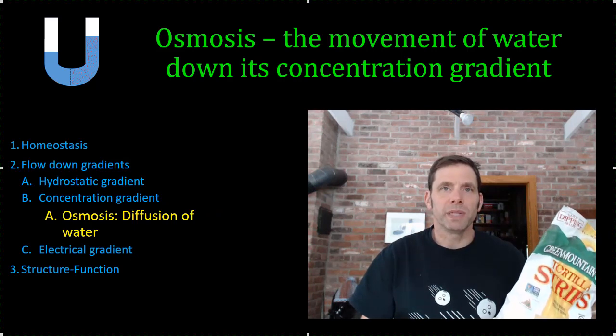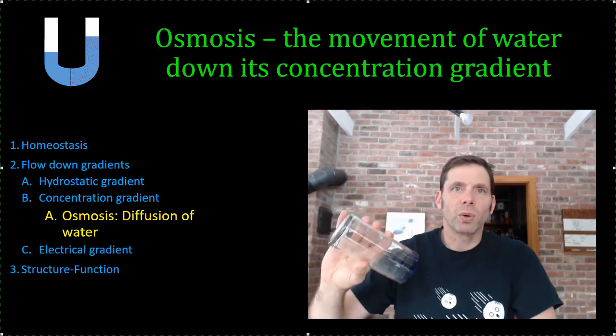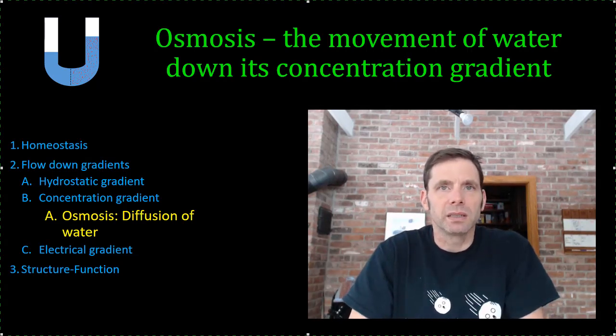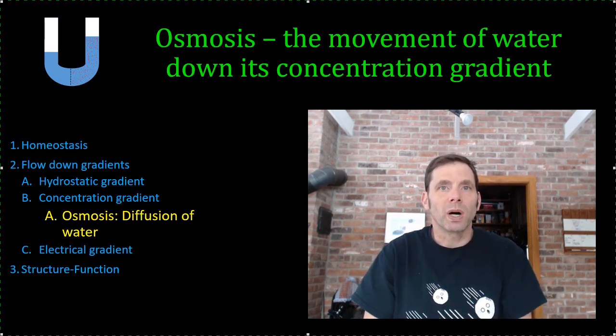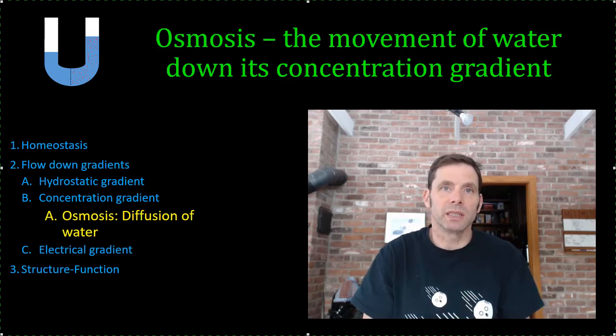If I eat a salty meal like a bunch of chips and forget my water, that's going to cause a disruption in homeostasis. Sodium levels in my blood are going to climb relative to the water levels. So water and sodium have to move in opposite directions to correct the imbalance. We know that hydrostatic pressure would push water and sodium molecules in the same direction, so that's not going to work.